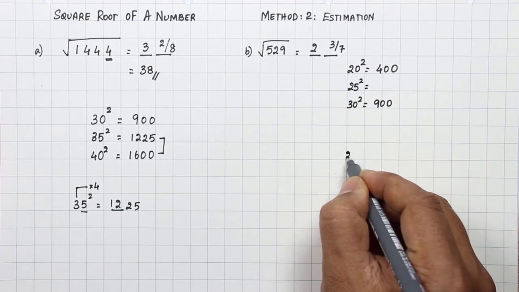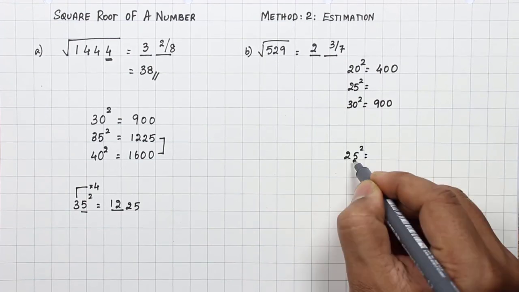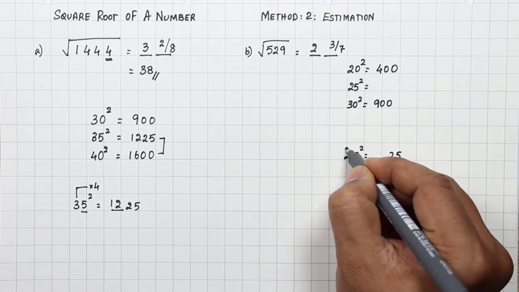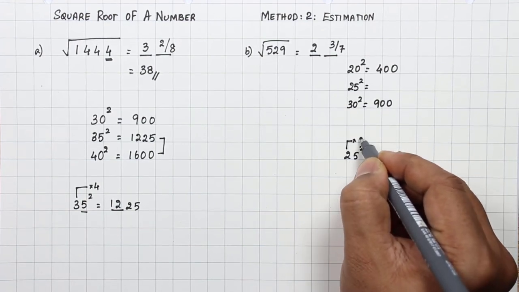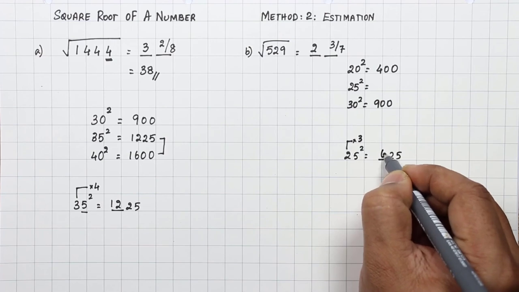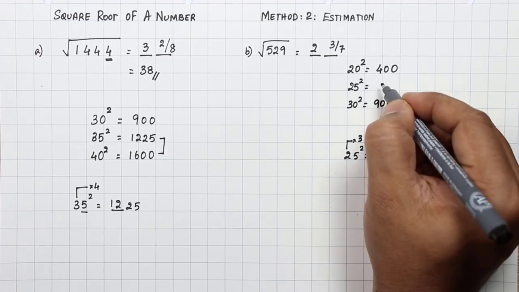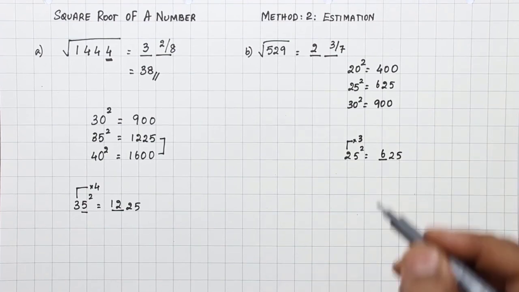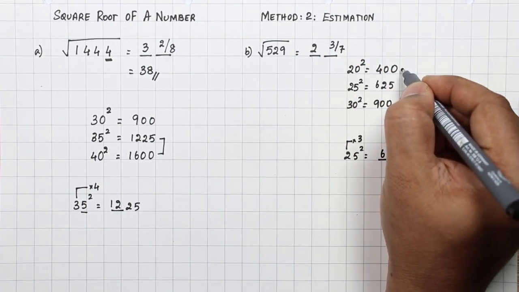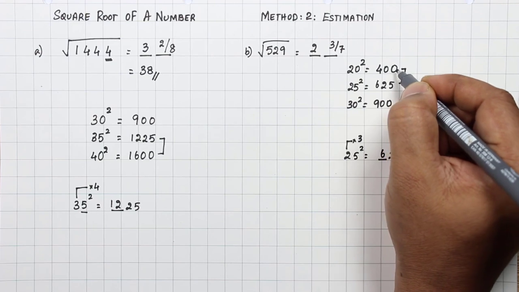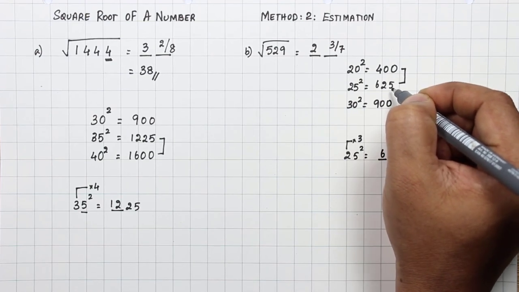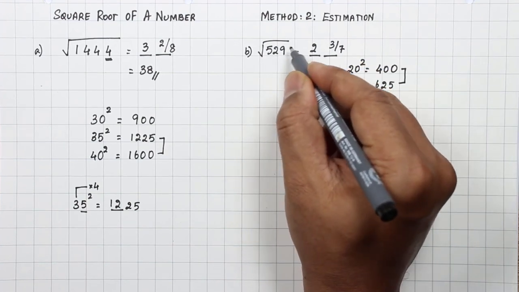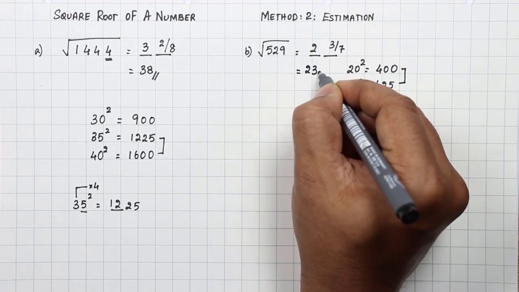As I told you, this is 5 squared, which is 25, and for the number before this, take 2 and multiply by the next consecutive term. That is 2 times 3, which gives you 6. So 625 is 25 squared. Now you can see that this number 529 lies between 400 and 625. So the number here has to be 23. So the root of 529 is 23.